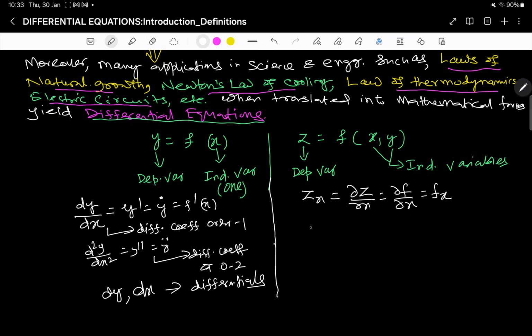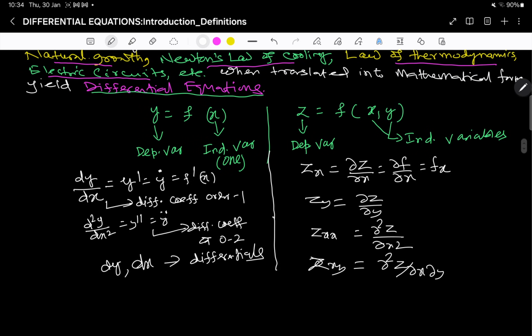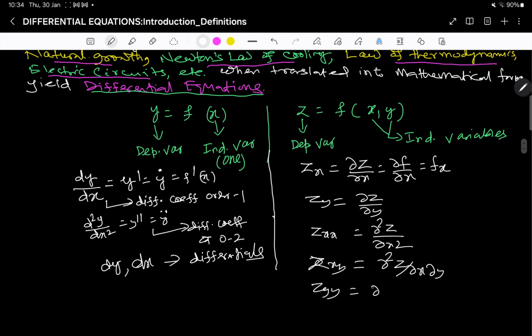Similarly here zy is del z by del y, and zxx is del square z by del x square, and zxy is del square z by del x del y, and similarly zyy is del square z by del y square. These are the partial differential coefficients. This leads to the partial derivatives.